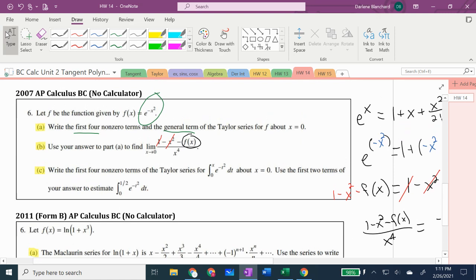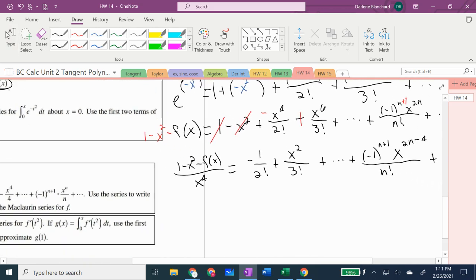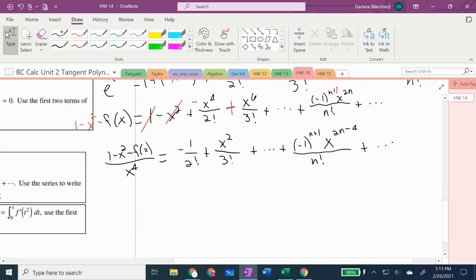And now I am being asked to use the answer in part A to find this limit as x approaches 0. So now limit as x approaches 0.